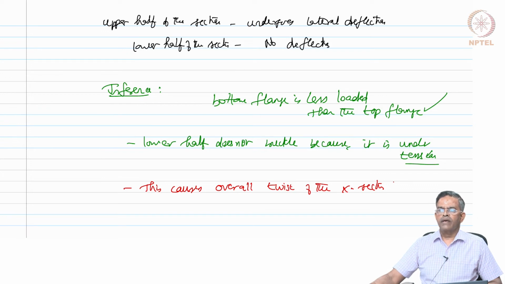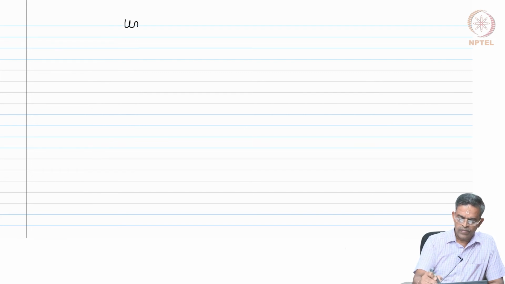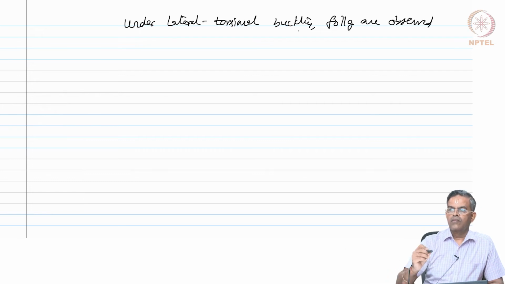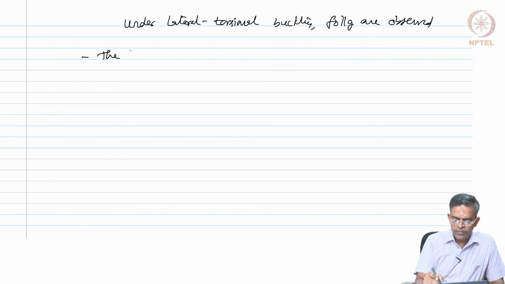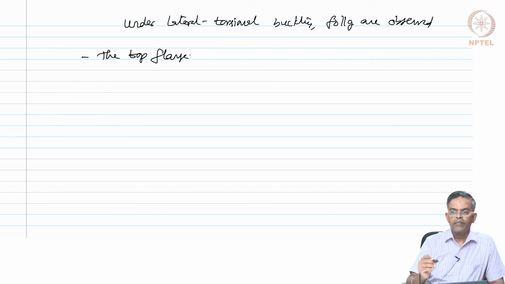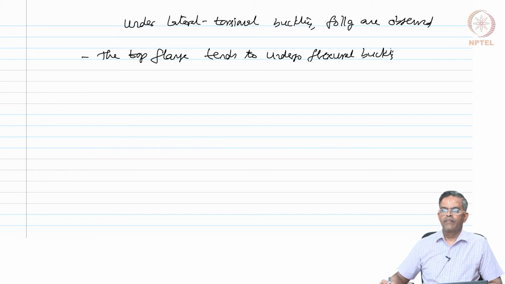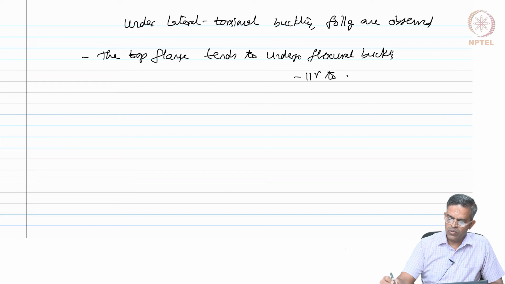And under lateral torsional buckling we can have the following observations. The top flange tends to undergo flexural buckling, which is similar to columns.